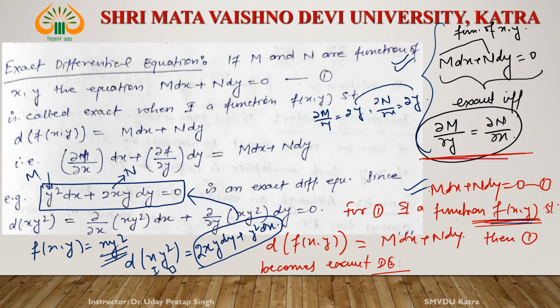But what is the problem in the second method? It is not always easy to find the function f(x,y) whose total derivative is the given differential equation. For a given differential equation, it is not easy to find f(x,y) whose total derivative becomes this differential equation. So to solve such differential equations, we will apply method 1. Once we verify whether the differential equation is exact or not, after that we find the solution.